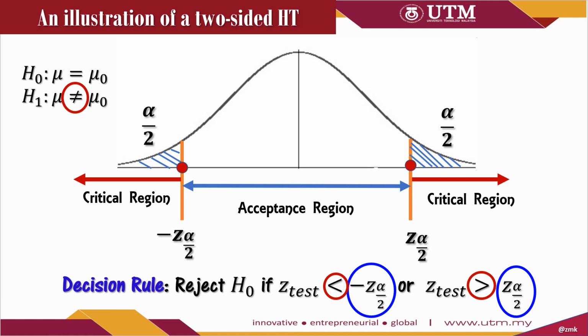However, if Z test falls in between the critical values, that is, if it falls in the acceptance region, then we do not reject H0, or we say we fail to reject H0 and conclude that we do not have sufficient evidence from the sample data that mu is different from mu naught.